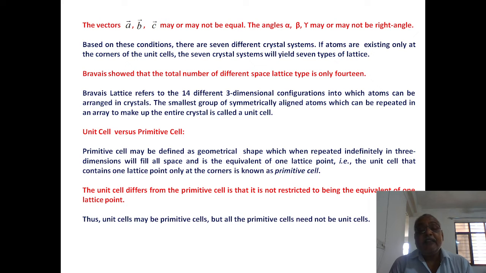Bravais lattices refer to the 14 different three-dimensional configurations into which atoms can be arranged in a crystal. The smallest group of symmetrically arranged atoms which can be repeated in an array to make up the entire crystal is called a unit cell.